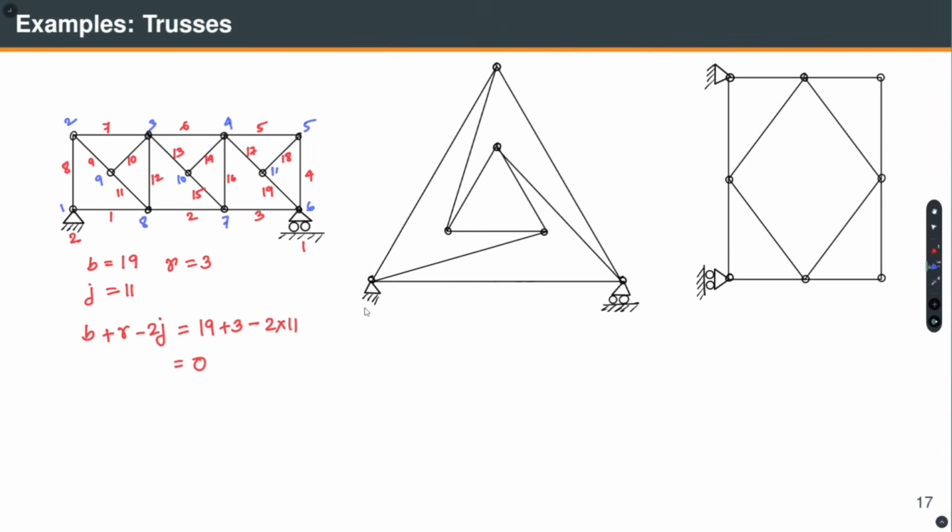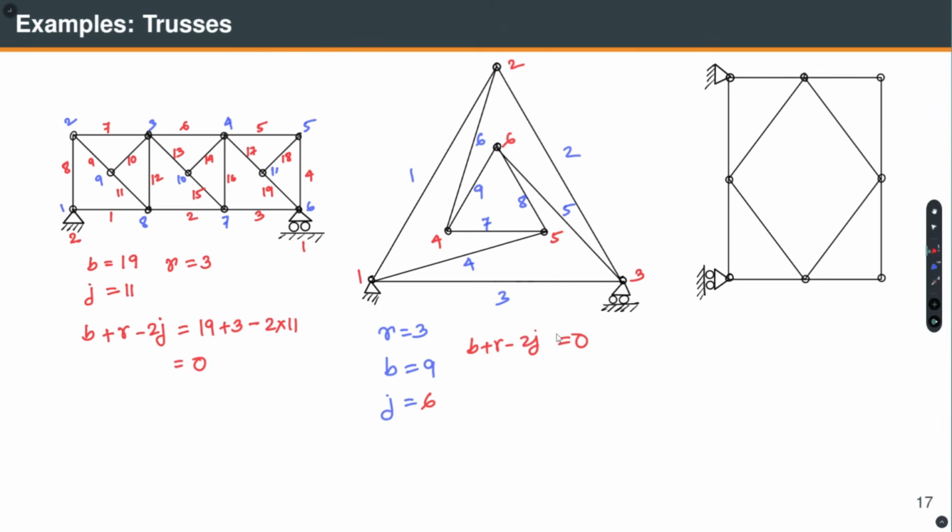Apply the formula: R is equal to 3, B is equal to 9, J is equal to 6. So, B plus R minus 2J is equal to 0.